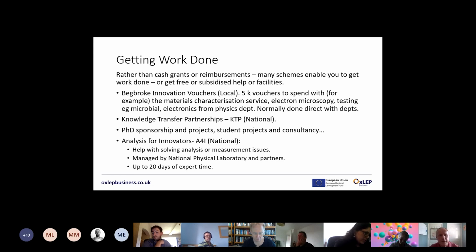And there's another national scheme which is about getting work done, which is analysis for innovators, particularly aimed at solving analytical or measurement issues. But there you can see you can get up to 20 days of expert time. Now, if you were to go into the market and pay for that expert time, it will cost you quite a lot of money and also quite a lot of effort in trying to find the person in the first place.